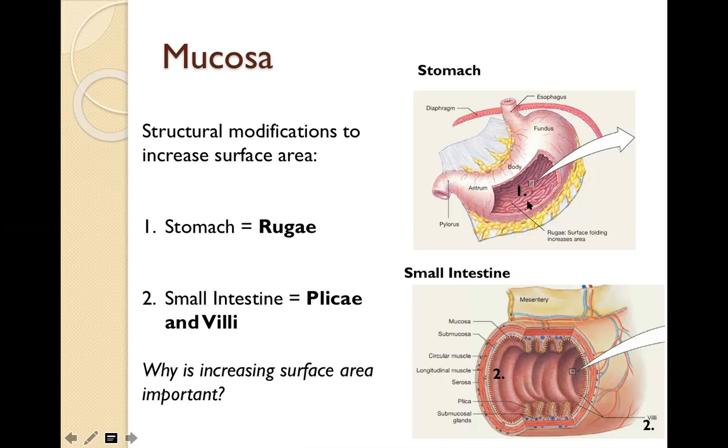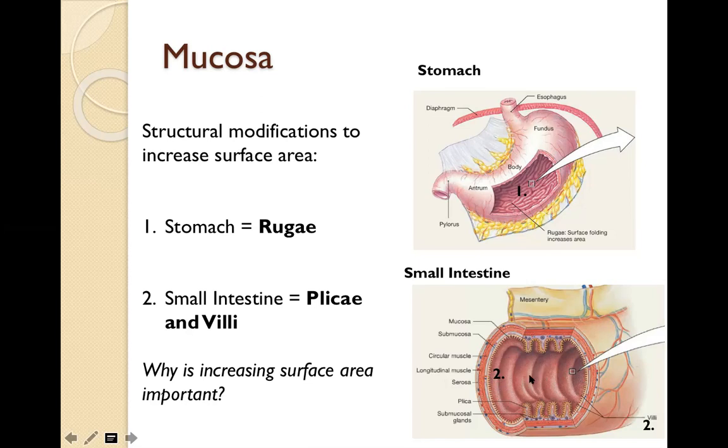There's a folded appearance to the small intestine as well. If you were to take the small intestine and cut it open lengthwise and unfold it, you would see that the lining of the small intestine actually has these ridges to it. You can see these ridges with the naked eye. You don't need a microscope.